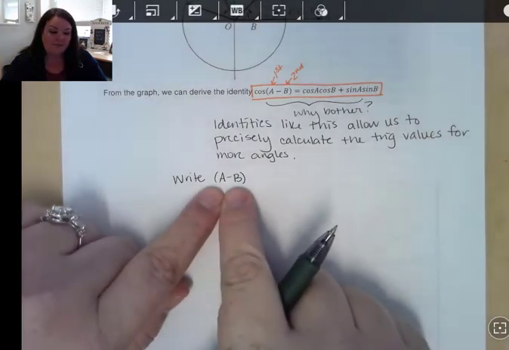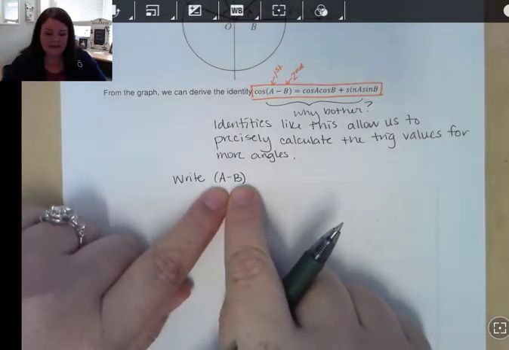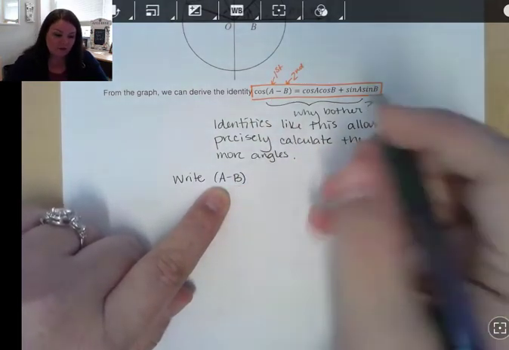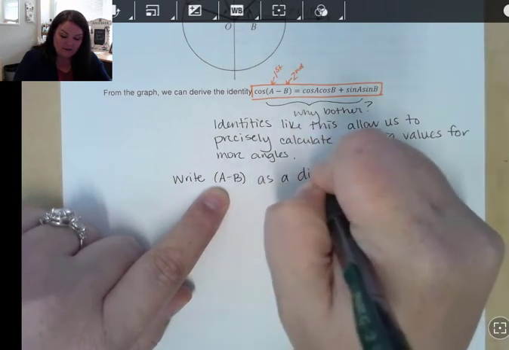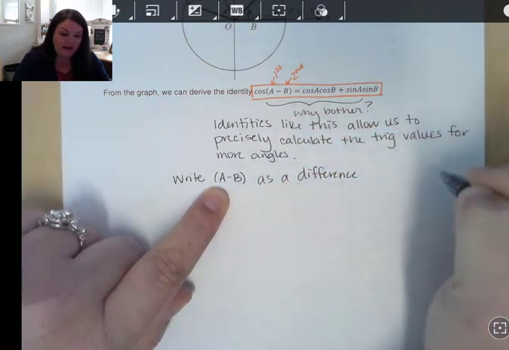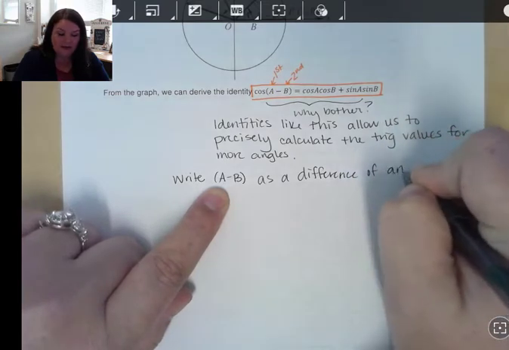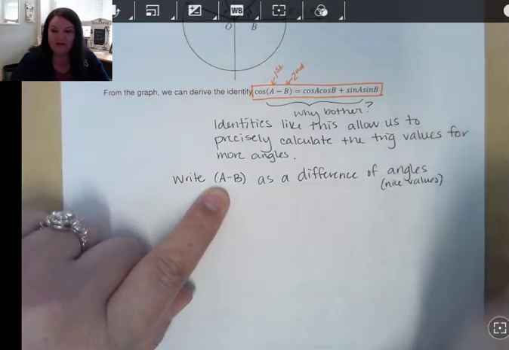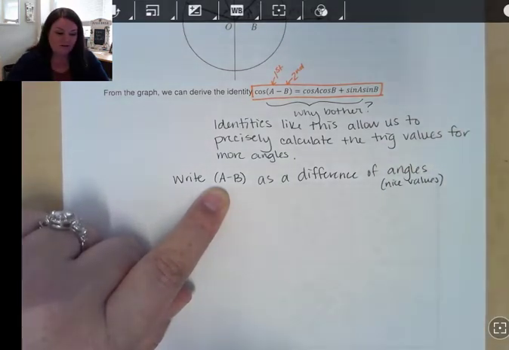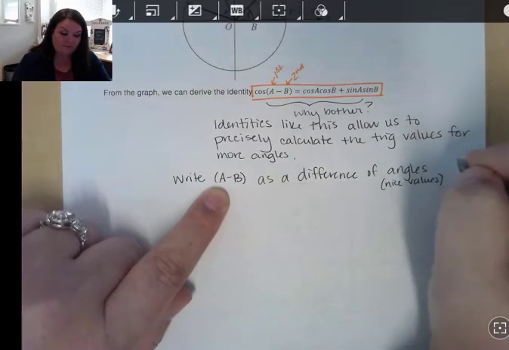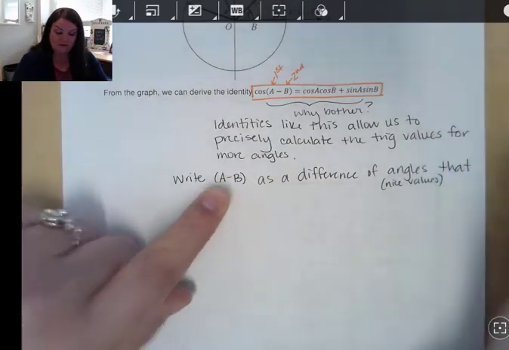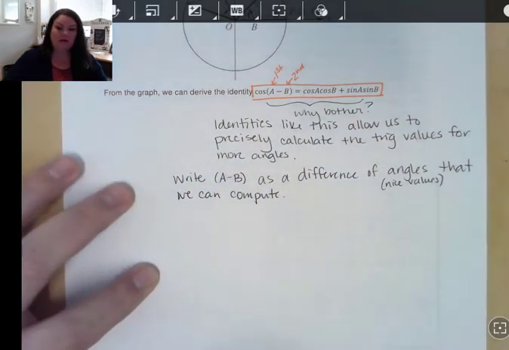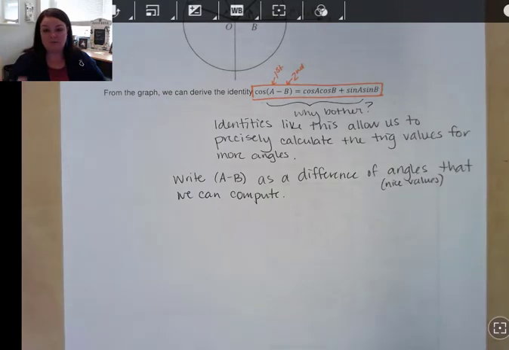So if I'm saying A minus B, I want to write the angle we're trying to find the cosine of as a difference, which means we're subtracting, of angles with nice values, our nice pretty reference triangle angles that we can compute.